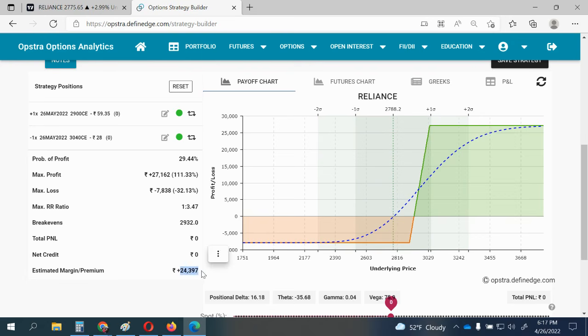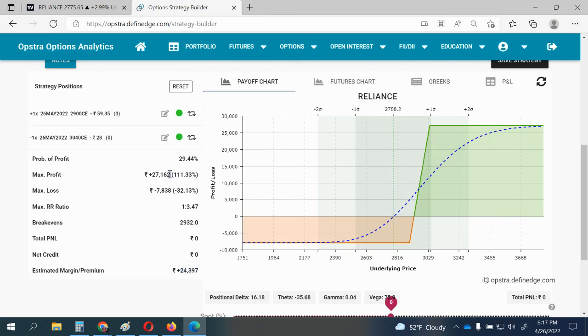Equity is like the cash segment. So for you to make 27,162 in the normal equity market, friends, I'll do my best to deliver, so don't get confused. To make a profit of 27,000 in equity, I'm not referring to this debit spread. In equity, let's say you're buying Reliance worth 24,000 in the equity cash segment.